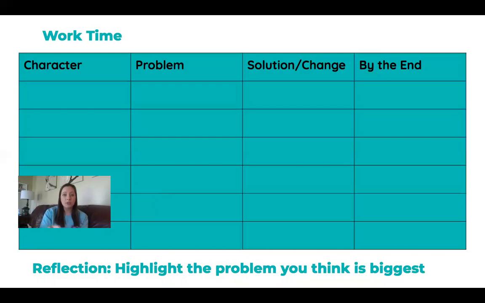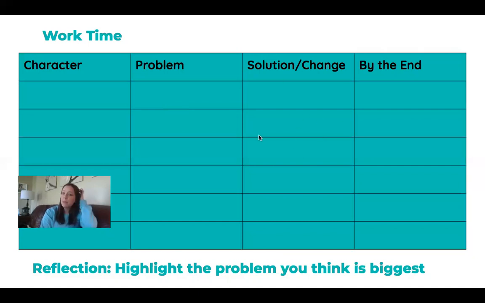So I might choose Grandpa Portman and Jacob, and then I'm gonna write out what are some problems that Jacob faces in this story so far. Obviously, I'm not at the end, so I don't know what happens at the end or the other problems. But what are a couple problems that Jacob is experiencing? Do they get solved or do they get changed in some way?